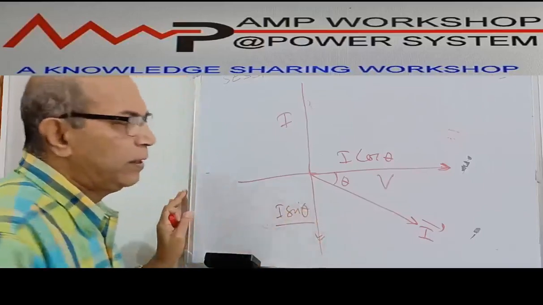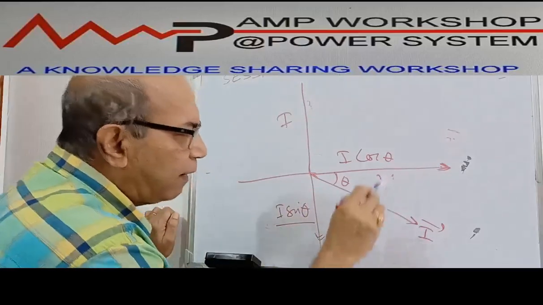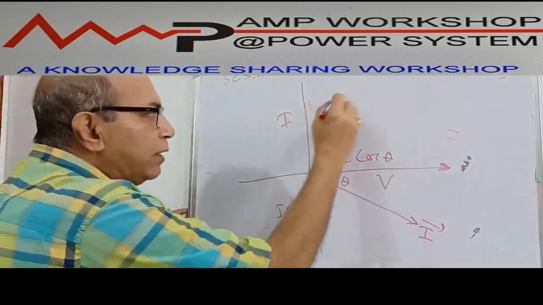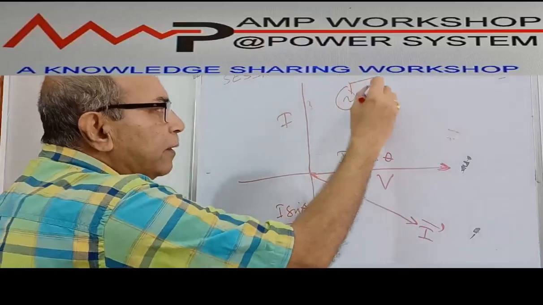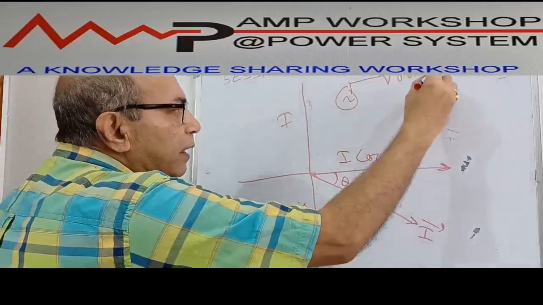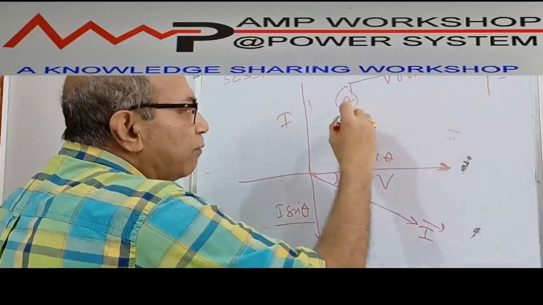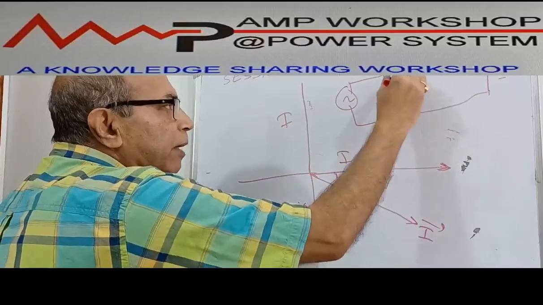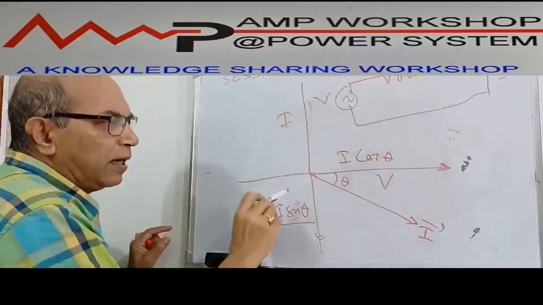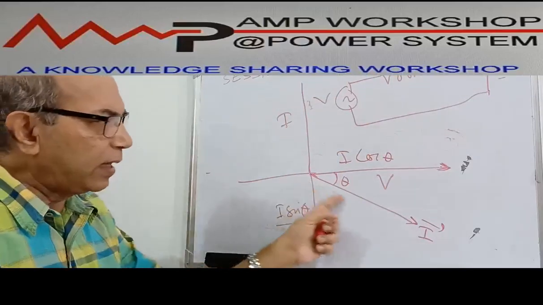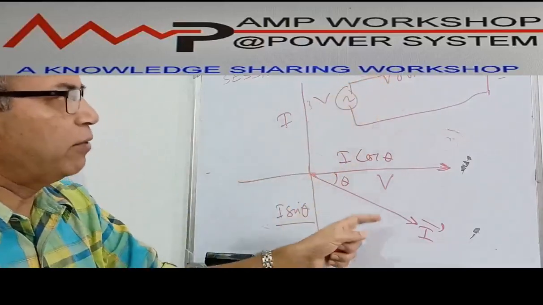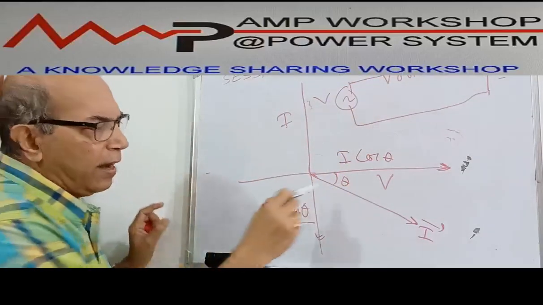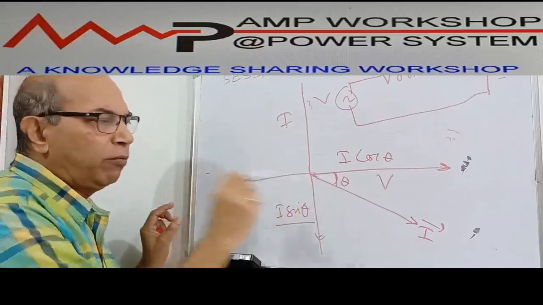That means when there is a current I flowing through an AC circuit with a resistance and inductor, the current is a vector and this is the voltage. This total current we can now resolve into two components, as it is a vector with angle theta with the voltage.